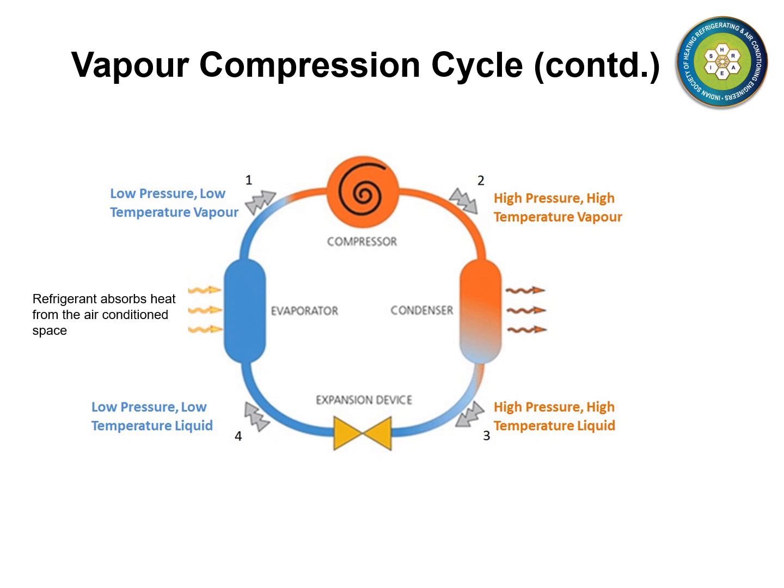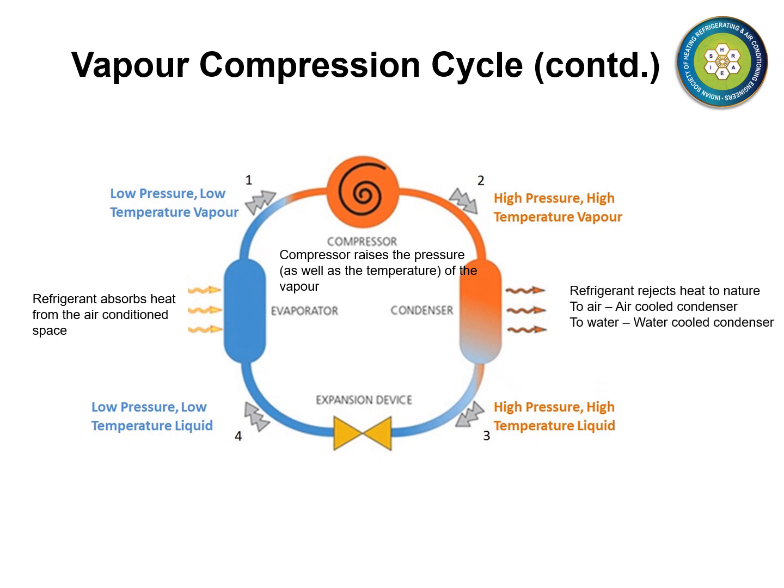Low pressure, low temperature liquid refrigerant enters the evaporator. The refrigerant absorbs heat from the air conditioned space and gets transformed to low pressure, low temperature vapor. Thereafter, the compressor raises the pressure and temperature of the vapor.